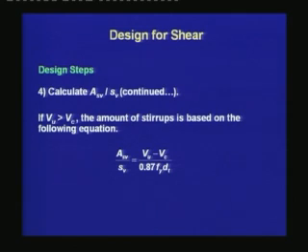This expression is used to calculate the amount of stirrups when the shear demand exceeds the shear capacity of the concrete. And this expression is based on the truss analogy for the study of shear.